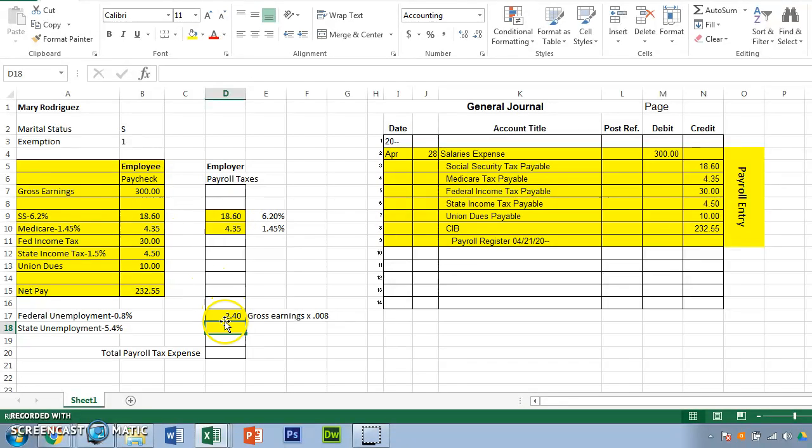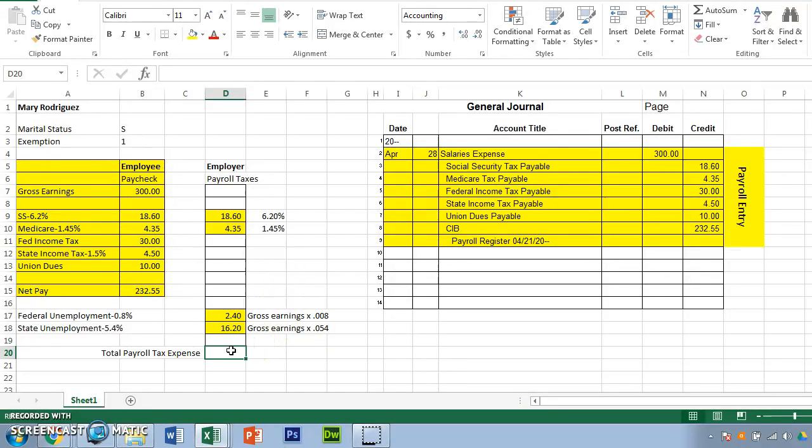And then state unemployment wants their money as well. So you'll take gross earnings times 0.054, so equals 300 times 0.054. So those are the 4 payroll taxes that the employer has to pay.